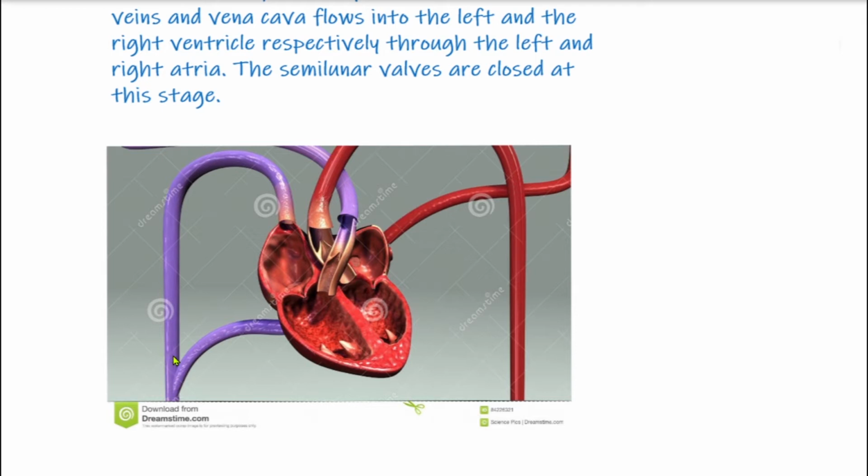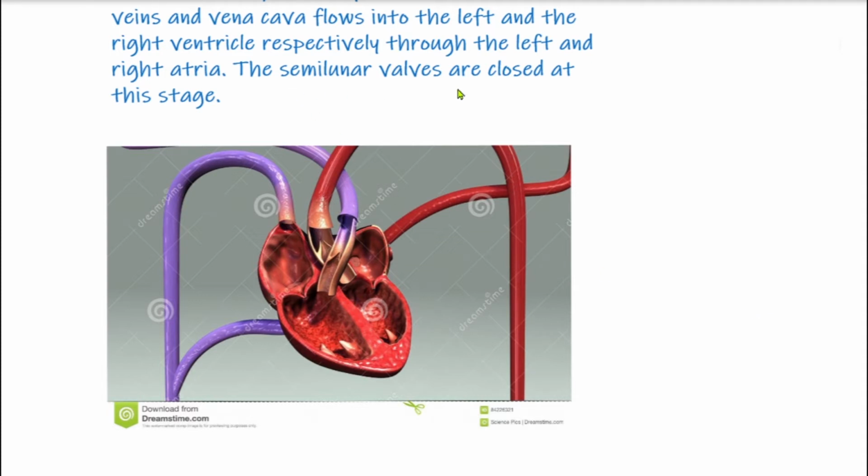So the blood flowing from the superior and inferior vena cava into the right atrium, and through the pulmonary veins into the left atrium, goes from the right atrium to the right ventricle, and from the left atrium to the left ventricle. So during this phase of joint diastole, the blood from the atria is going to the ventricles.